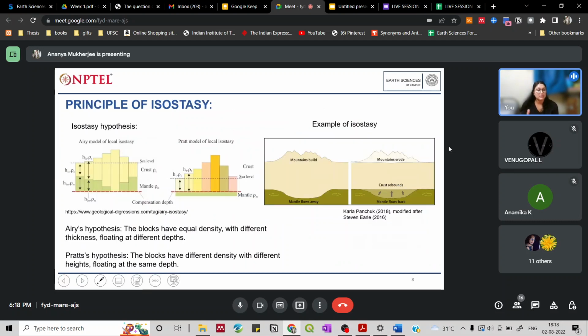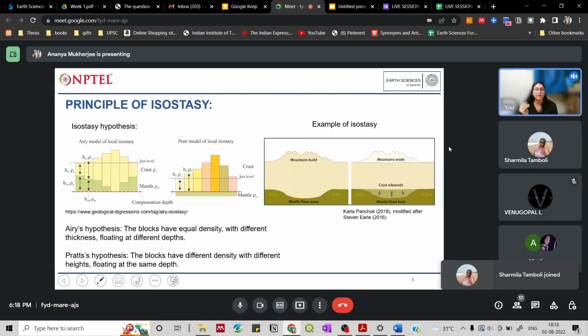So now we understand the interior of the earth is made up of different layers with different compositions and different densities. But how do we know how the different kinds of landforms are formed?